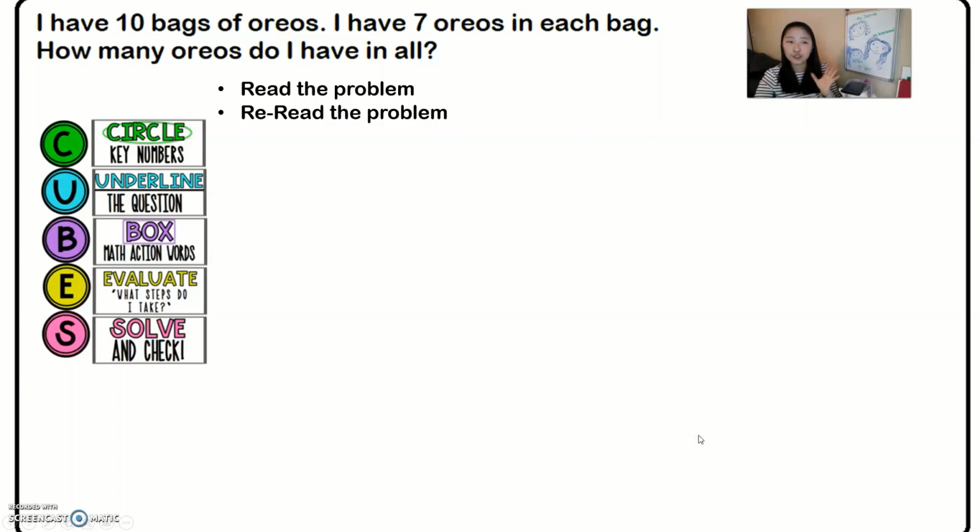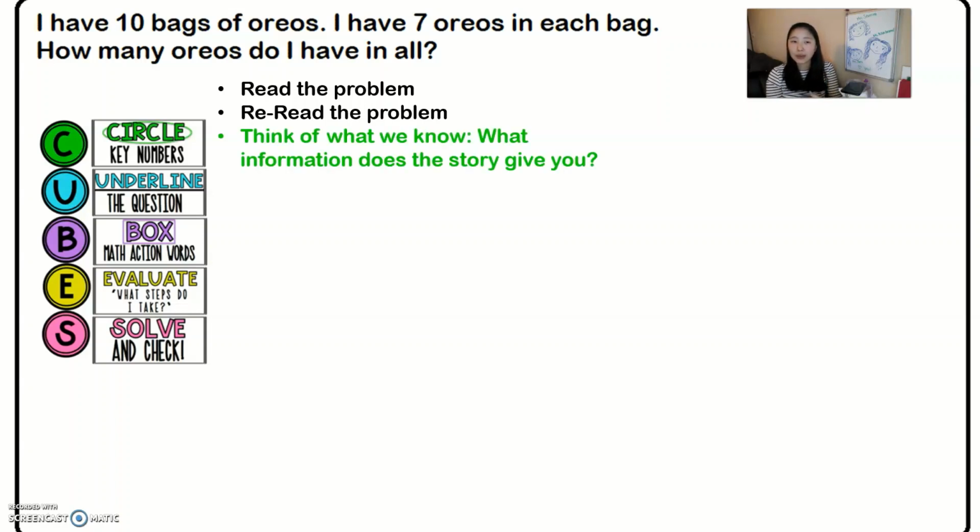Now we're going to zoom back into what we've been learning last week with CUBES, and we're going to go through this step by step together. It's very similar to what we've been doing, but the steps are in a bit of a different order. So the first thing we need to think about is what you know. What is the information the story gives you? This is always our first step when we do it together.